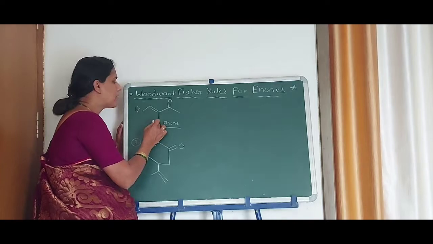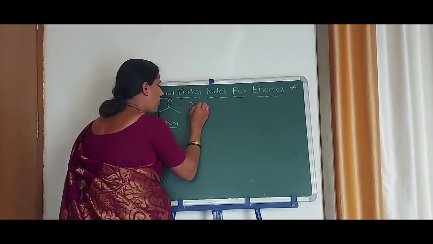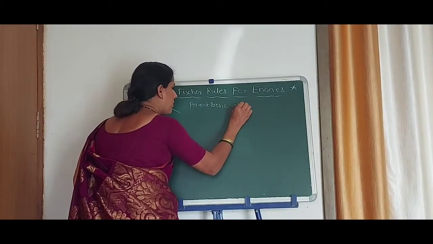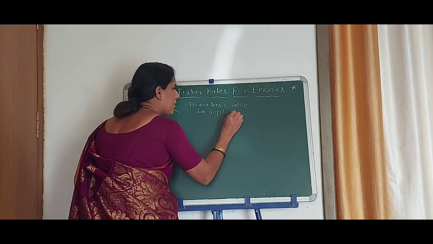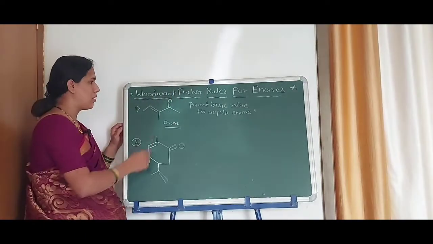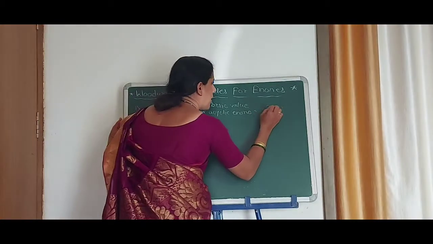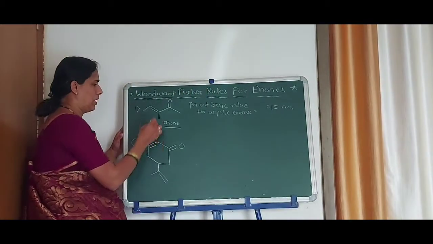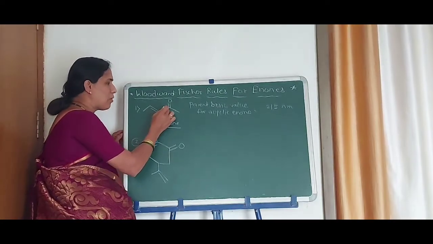Before this, you have to identify the parent basic value for an acyclic enone. This is an acyclic enone. What is the parent basic value? According to our chart, that is equal to 215 nanometers.